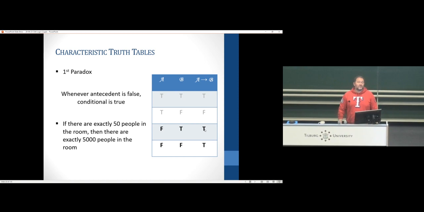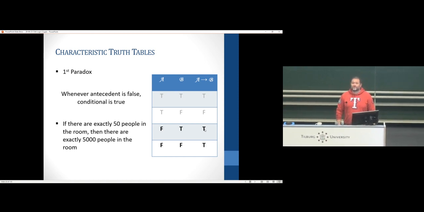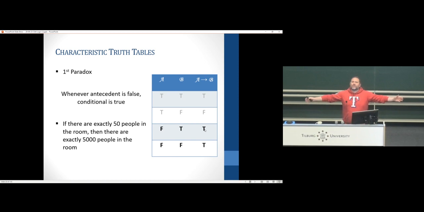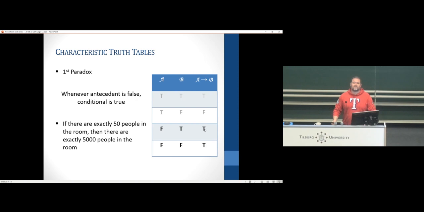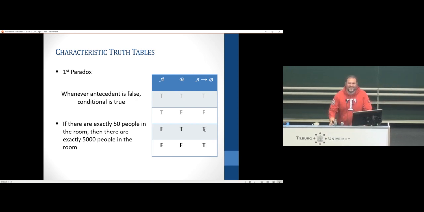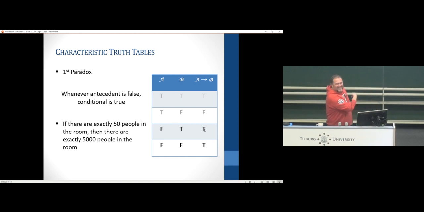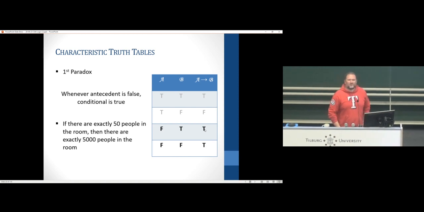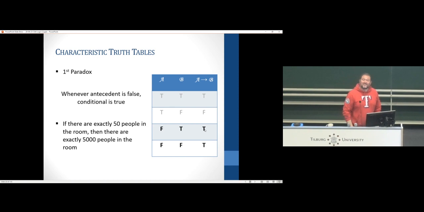That conditional is truth functionally true. It's because there's more than exactly 50 people. The antecedent's false. That's weird, right? Does everyone see how that's weird? This intuitively should not be a true conditional, and yet it is.